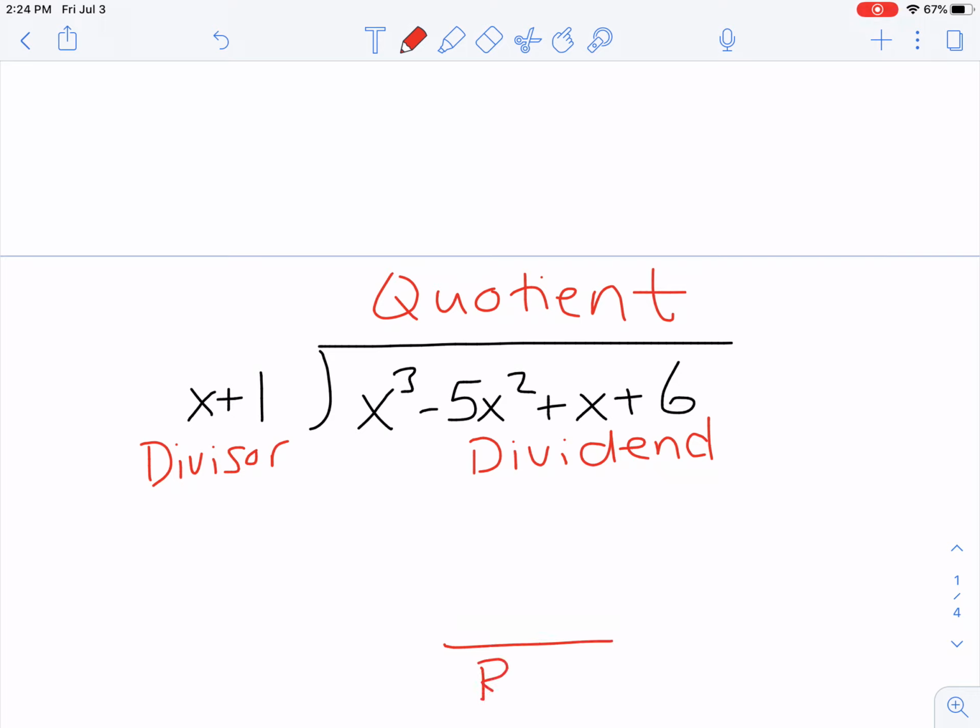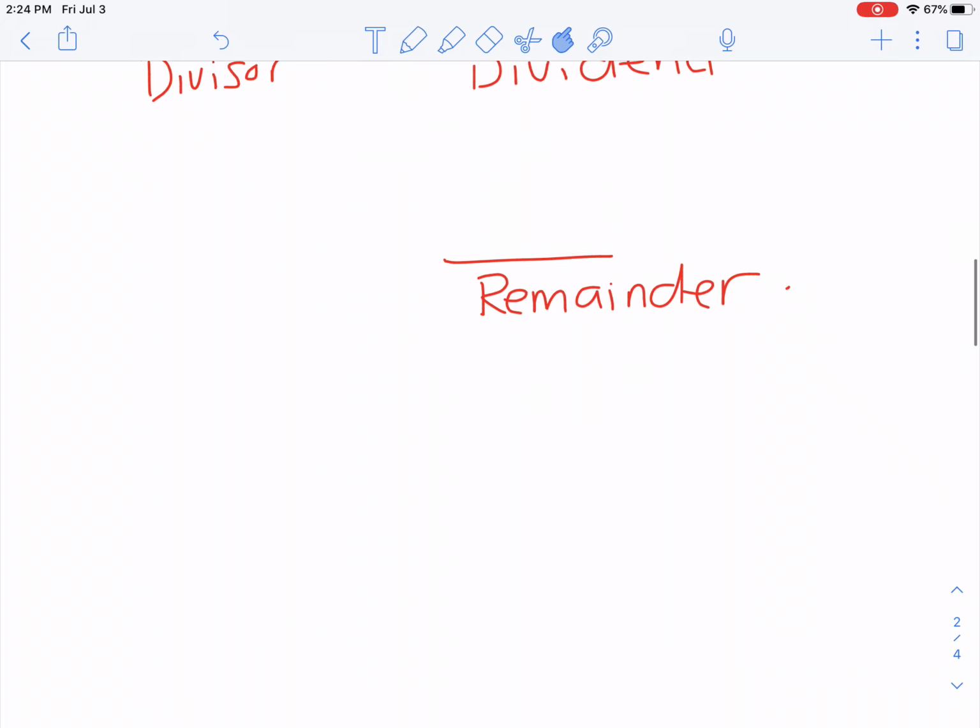Anything left over after that process will be the remainder. The only difference here is that we're using polynomials instead of numbers.